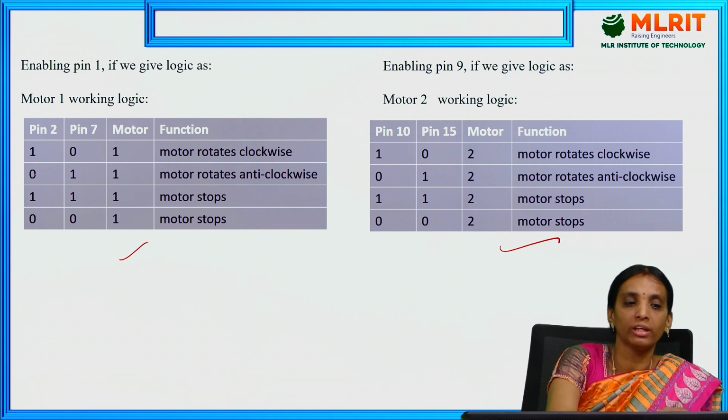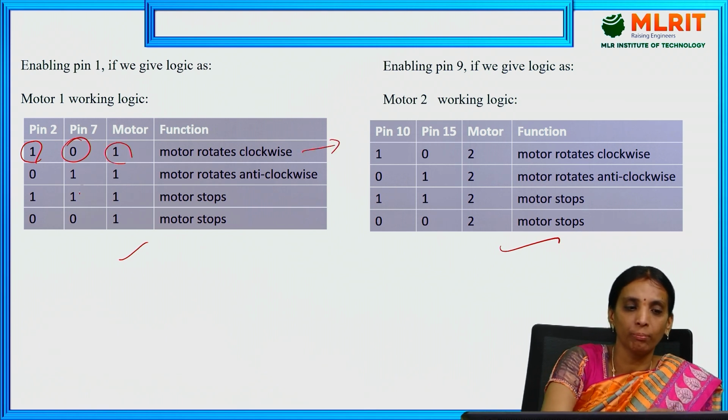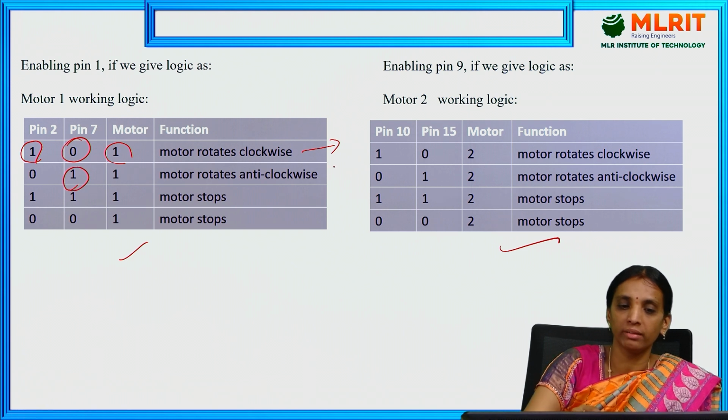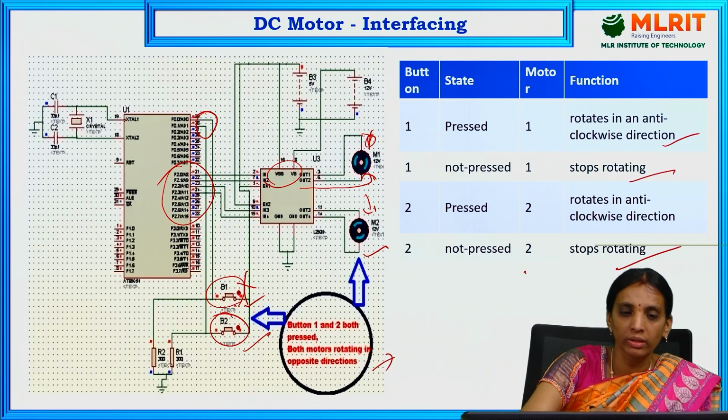Here for pins 2 and 7 of the microcontroller, if these are 1 and 0, then motor 1 will rotate in the clockwise direction, and if pin 7 is 1, then this motor will rotate in the anti-clockwise direction. Here input 1 and input 2 are connected to pins 2 and 7.